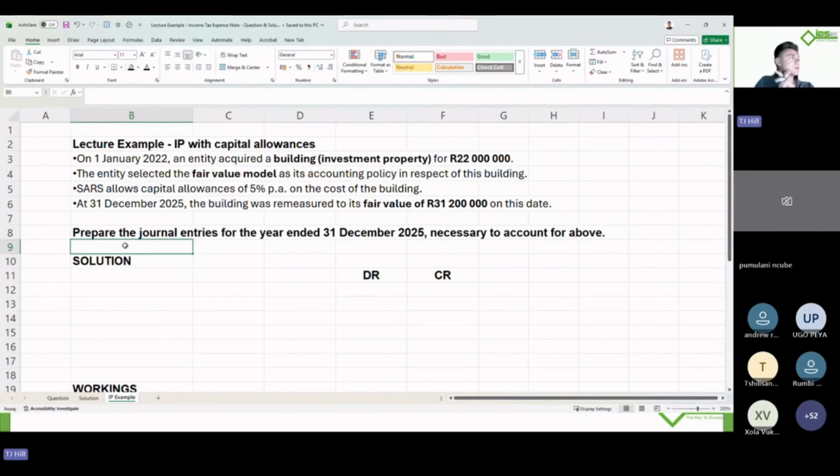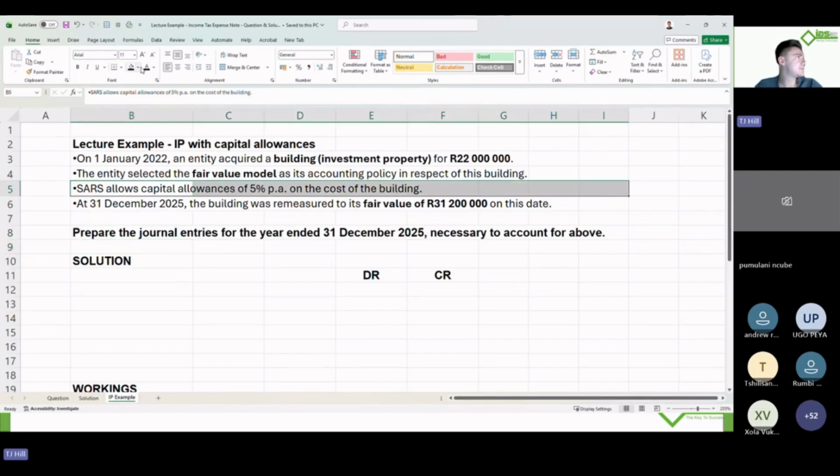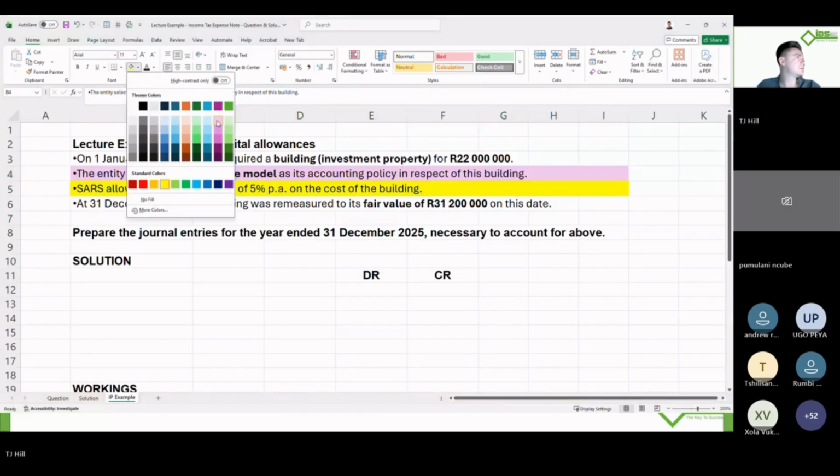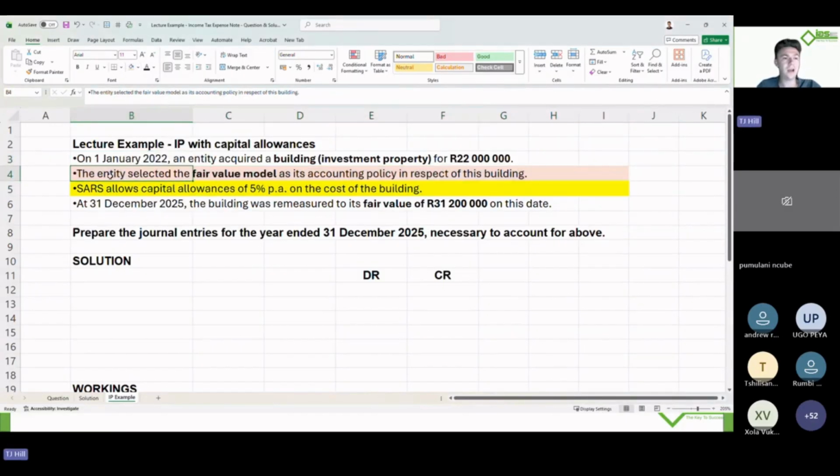Yes. Great. Now I want to ask you, if I'm getting capital allowances, but it is also on the fair value model, what now?